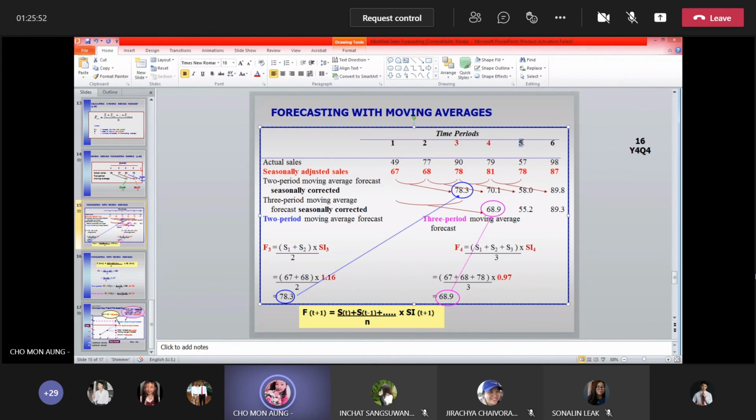The same here for period number 5. You will be using these 3 sales data, seasonally adjusted or deseasonalized sales data. We divide by 3, right?